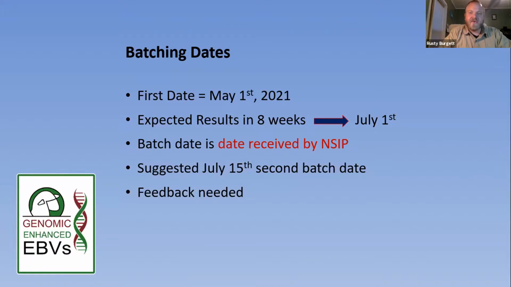So we don't know what the turnaround time is going to be. With the test batch we sent in, we didn't have a preset date for them to receive those samples. It had to go to the end of their queue.